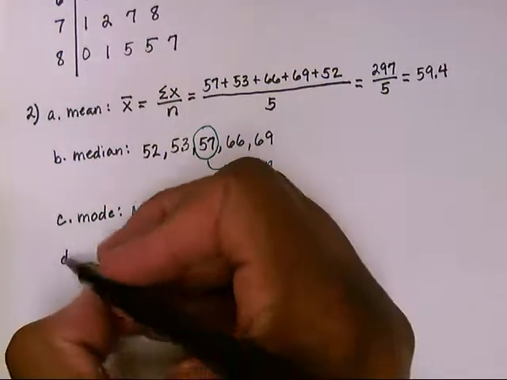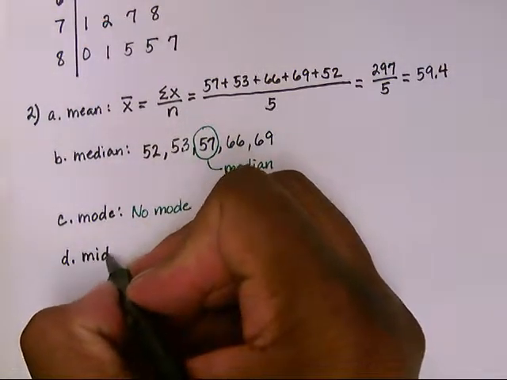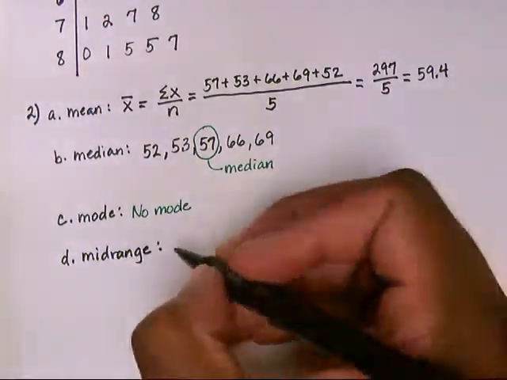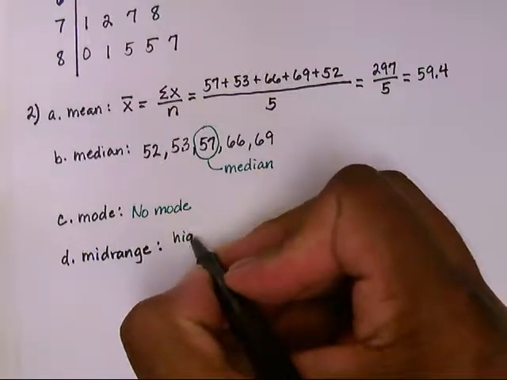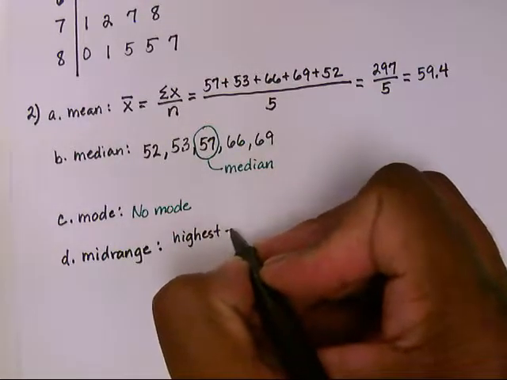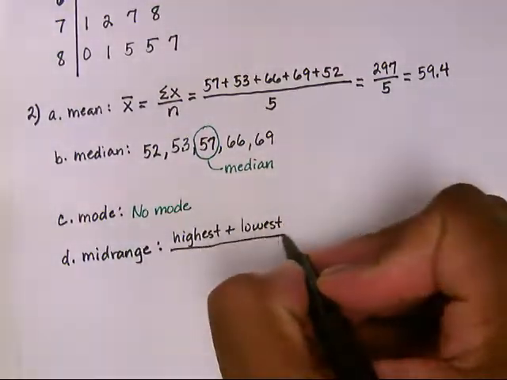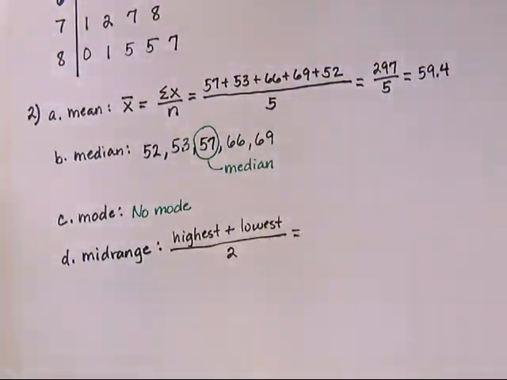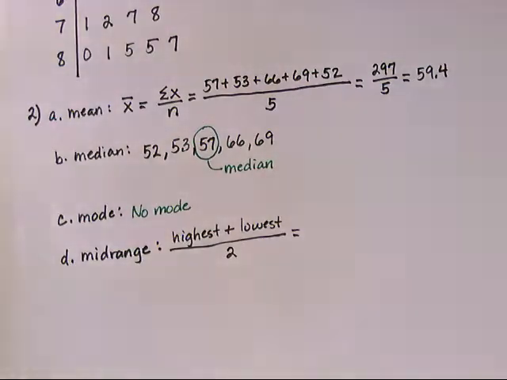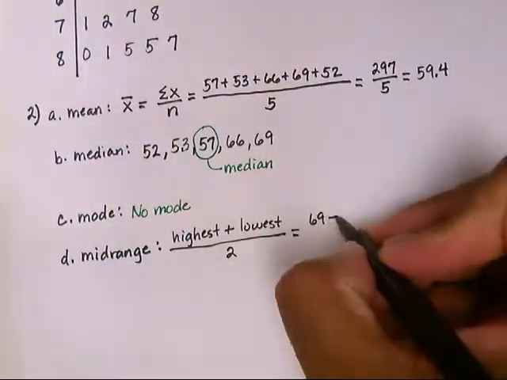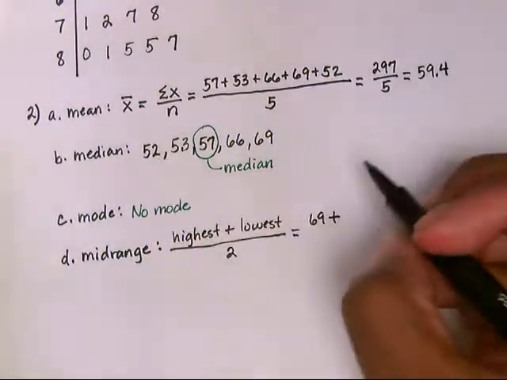Now part D is the mid-range. To find the mid-range, we take the highest data value plus the lowest data value and divide by 2. So here the highest data value is 69 plus the lowest data value, 52.